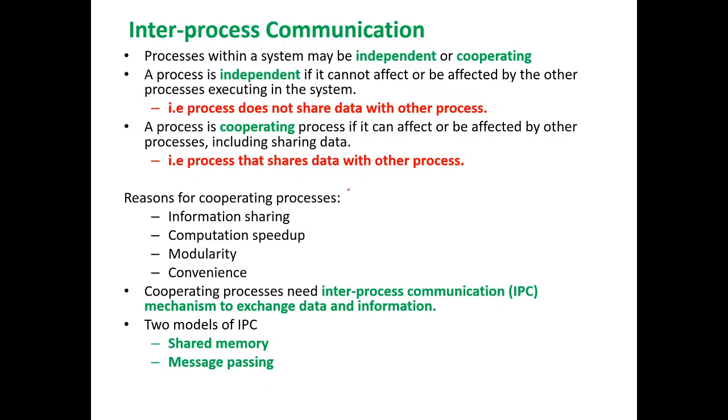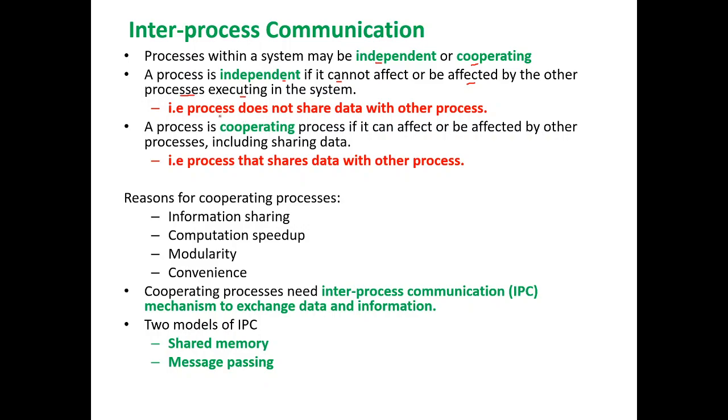We all know that the processes that are available within the system may be independent processes or cooperating processes. Independent processes are the processes which are executed independently. That means they cannot affect or be affected by the other processes executing in the system.